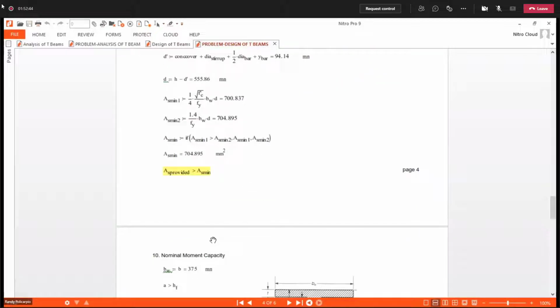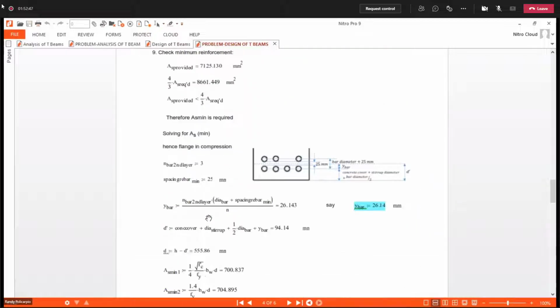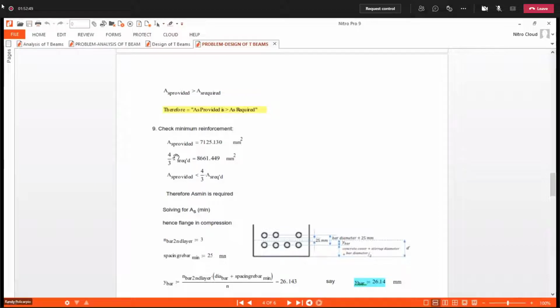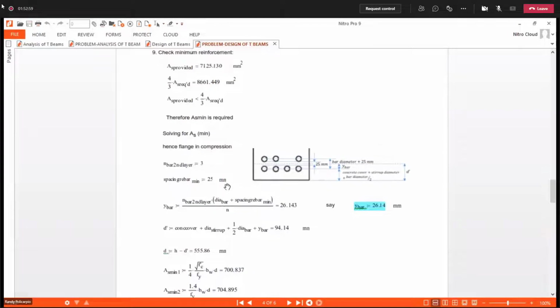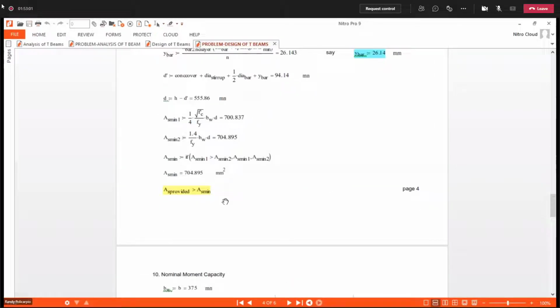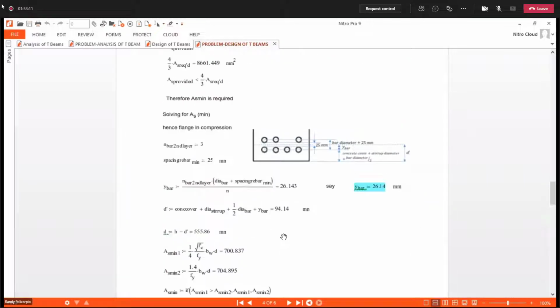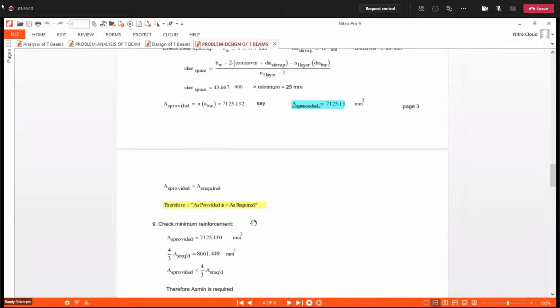So ibig sabihin, yung criteria natin na AS provided is less than, no? So yung ating AS provided is within the limit. It is greater than AS minimum. So we satisfy AS minimum, okay?